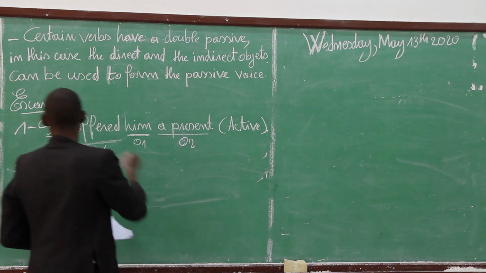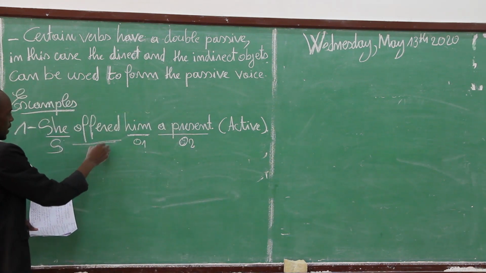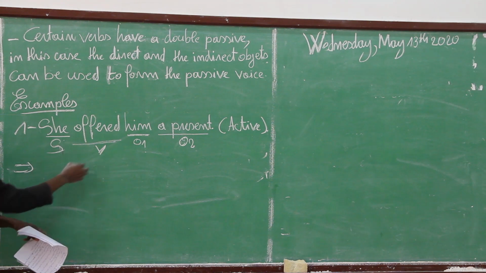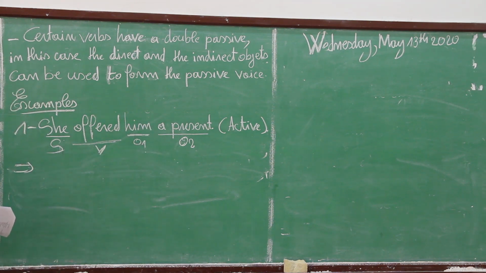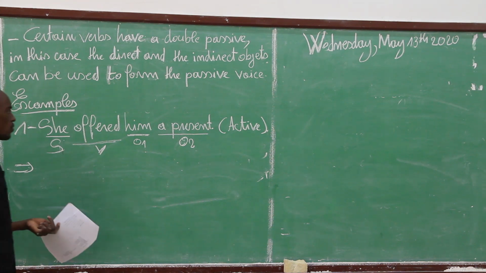We have subject, verb, object number 1, and at the end object number 2.